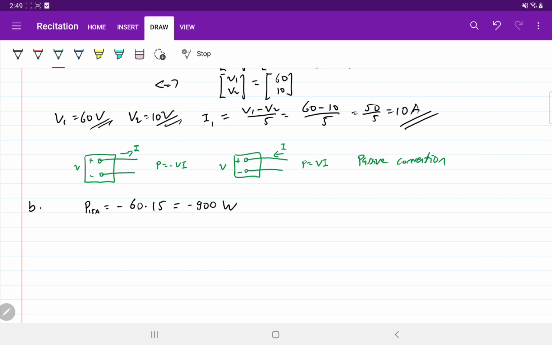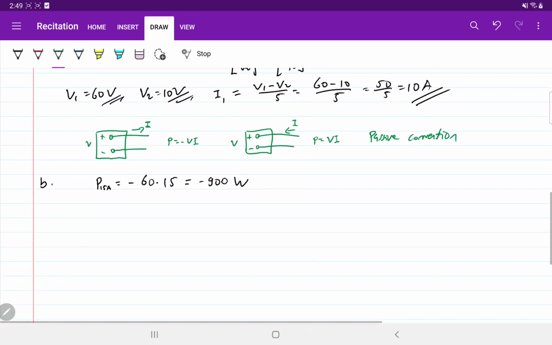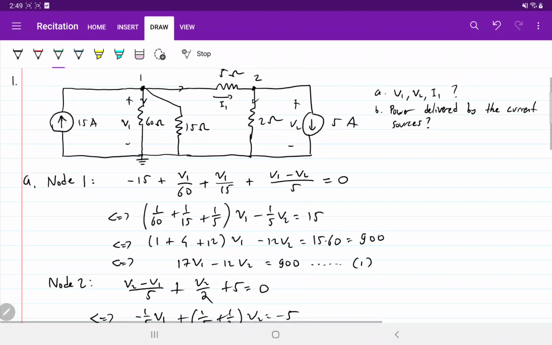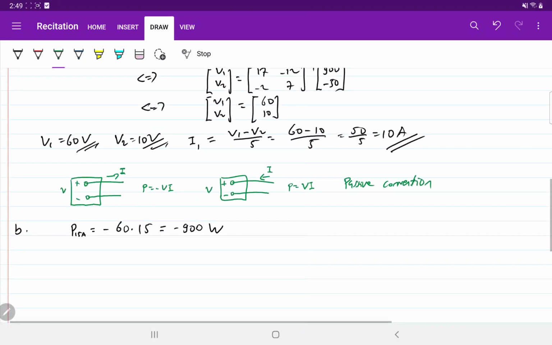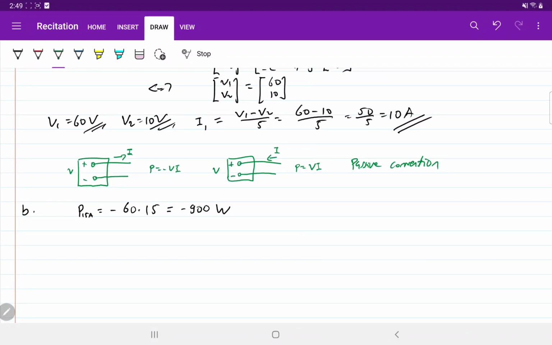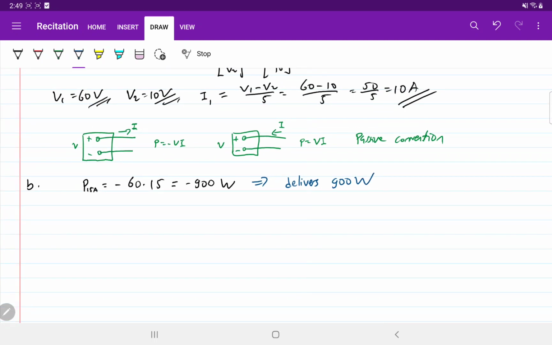So this power, minus 900 watts, is equivalent to saying that this current source is consuming minus 900 watts, which is equivalent to saying it delivers 900 watts. Okay, so consuming minus 900 is equal to delivering 900 watts.